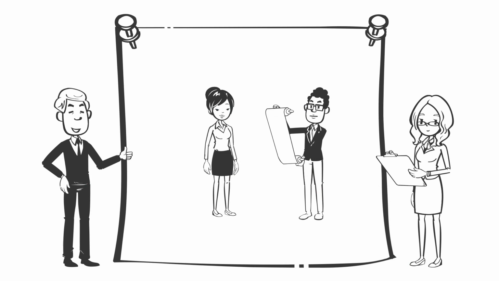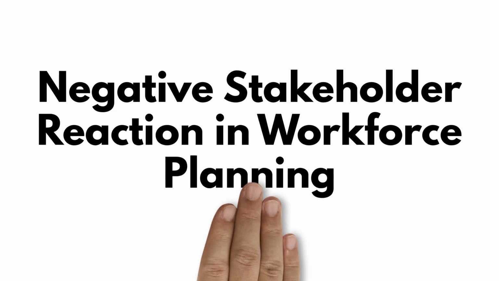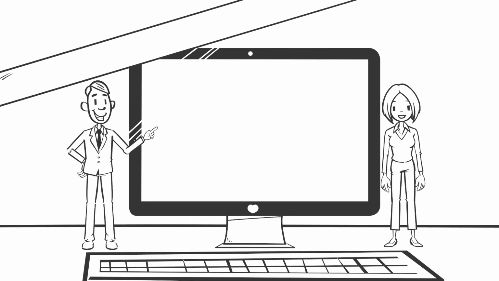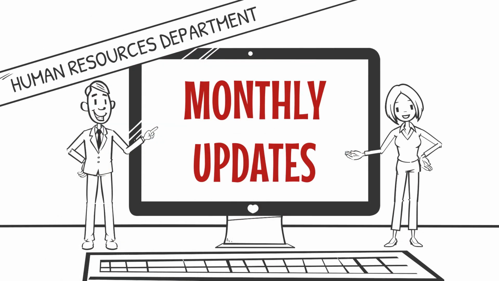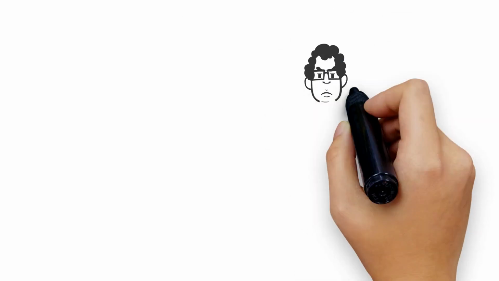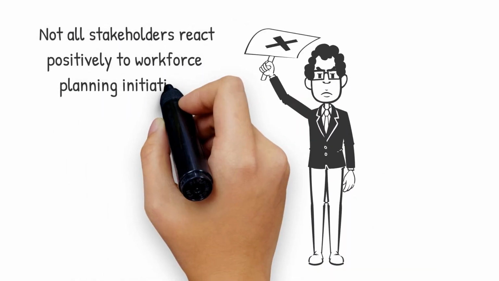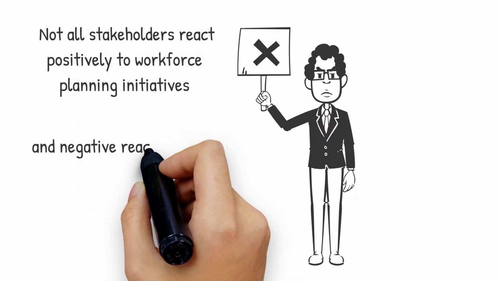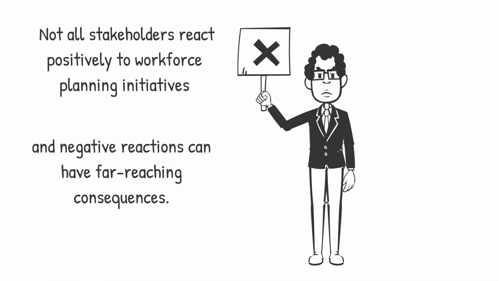Negative stakeholder reaction in workforce planning. Workforce planning is a critical function in any organization, as it involves the strategic alignment of human resources to meet the company's goals and objectives. However, not all stakeholders react positively to workforce planning initiatives, and negative reactions can have far-reaching consequences.